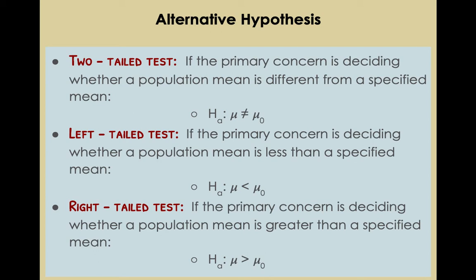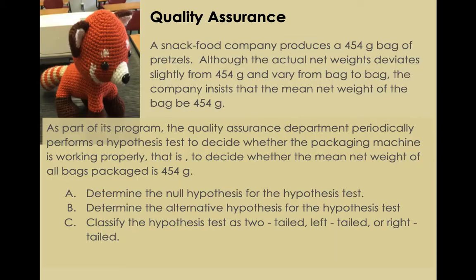If we want to get more specific, and say the actual mu is less than mu sub 0, then I'm going to do a left-tailed test. And if I want mu greater than mu sub 0, I'm going to do a right-tailed test. So your alternative hypothesis for one mean hypothesis testing is going to be one of those three, and which test we use is determined by which of these we use.